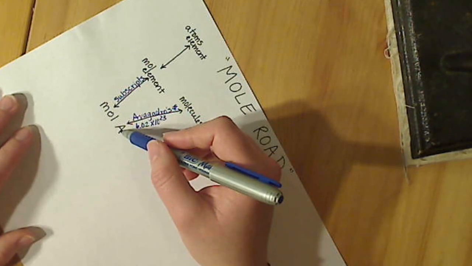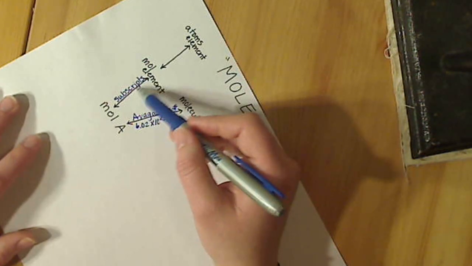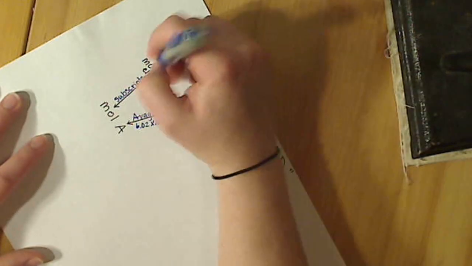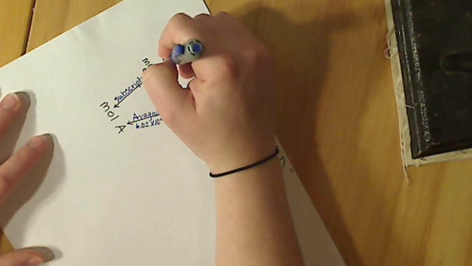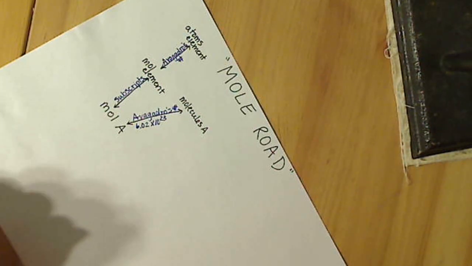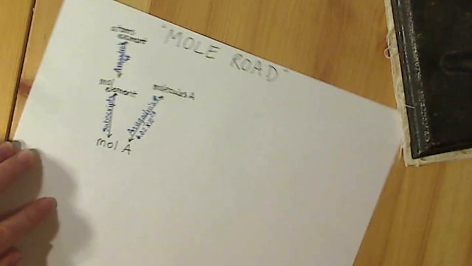So we went from moles of A to moles of our element by using our subscripts. And then from moles of the element, we can go to atoms of the element using Avogadro's number. So that's where we started Chapter 6.